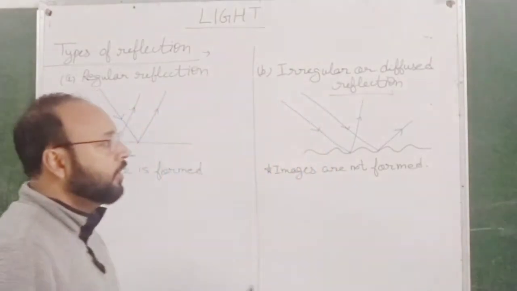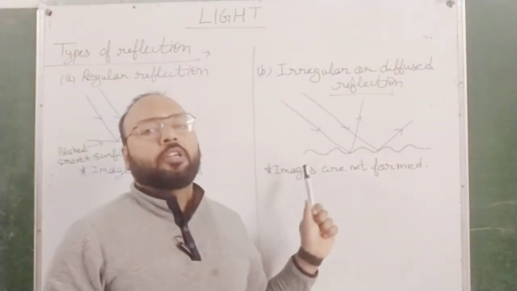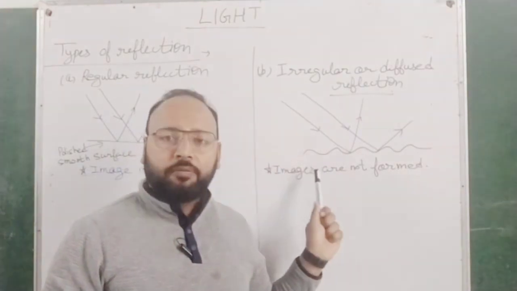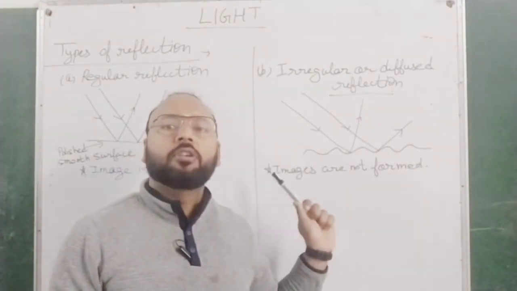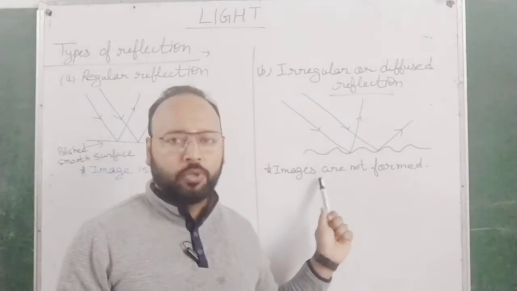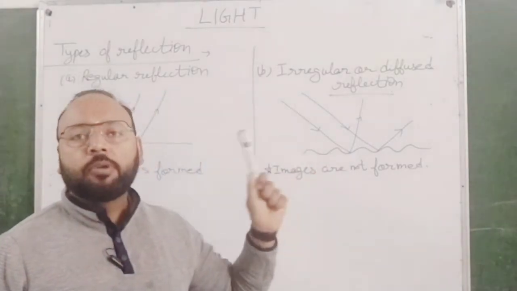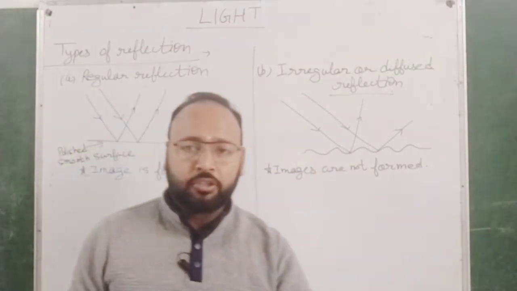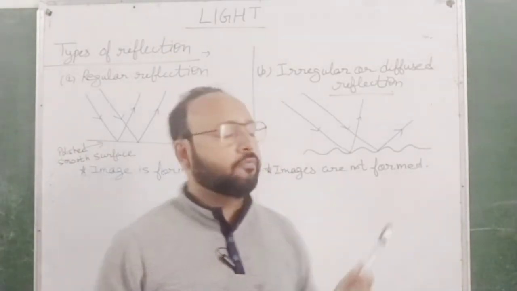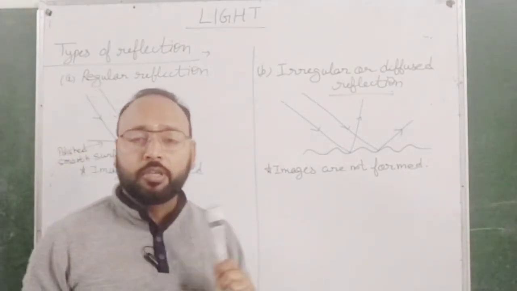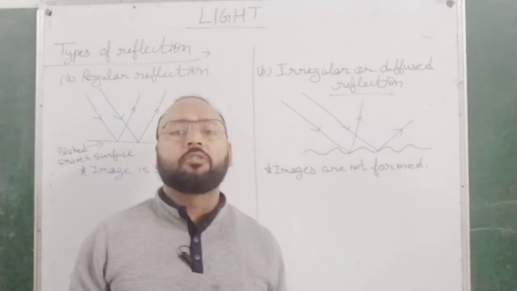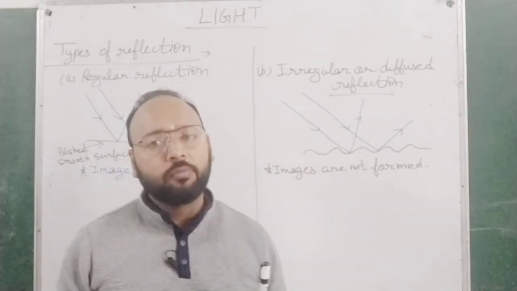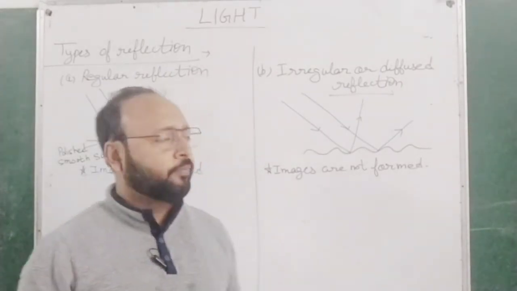So dear children, if the question comes, does diffuse or irregular reflection disobey the law of reflection? No. Angles are equal, but the rays move in other directions due to the irregularities of that surface. So it does not mean that the angle of incidence is not equal to the angle of reflection. They just move in different directions.